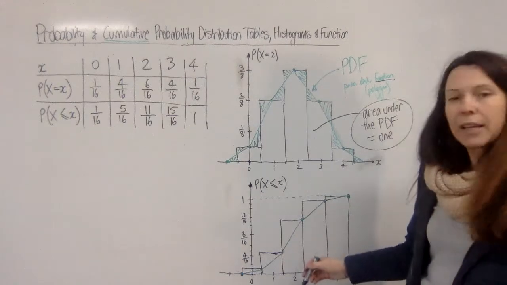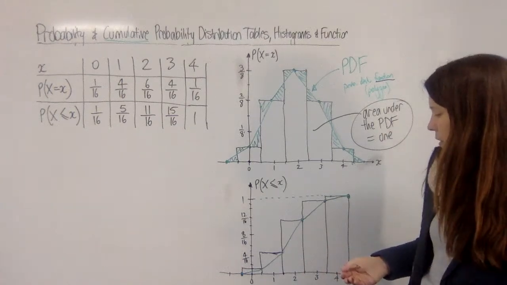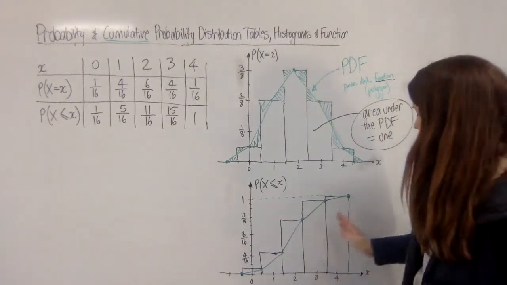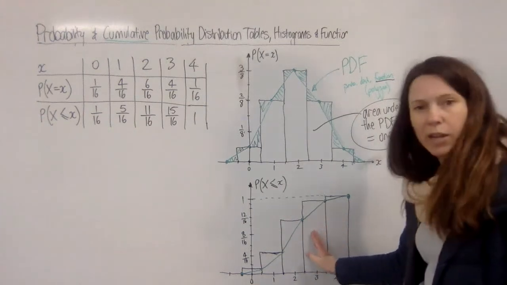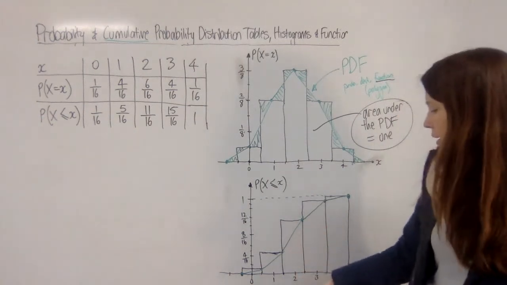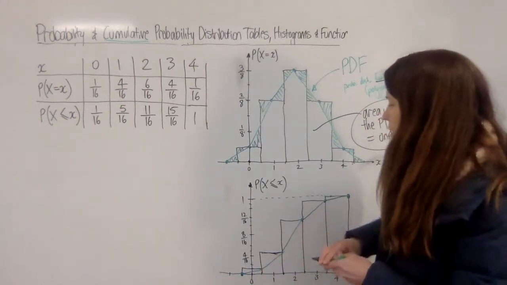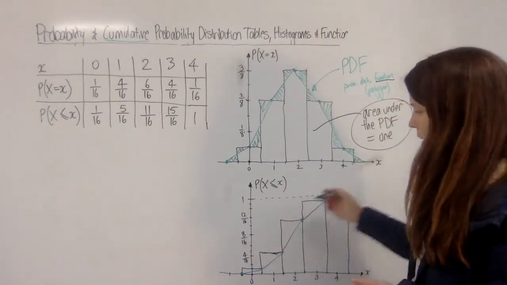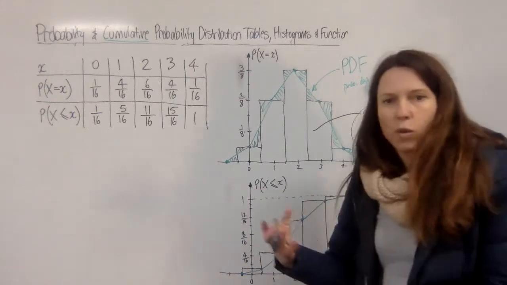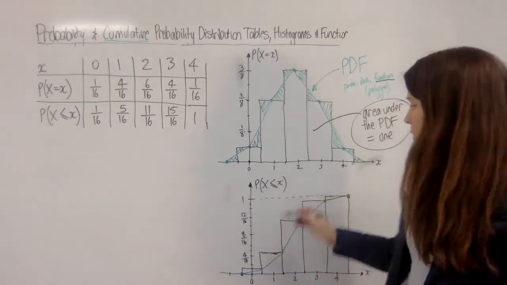Now, we can say here that each of these columns represents the chance of getting 4 heads or less, 3 heads or less, 2 heads or less, 1 head or less, 0 heads or less. And when we're looking at one of these histograms, you need to use that or less over and over to remind yourself what it means.